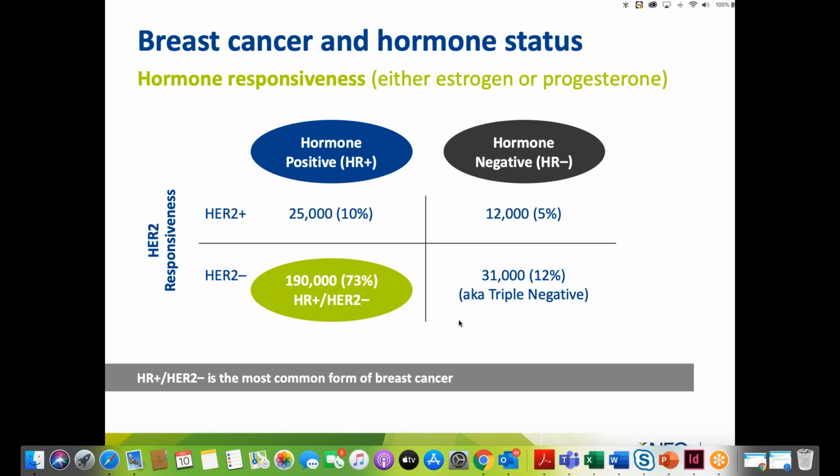Breast cancers that are hormone receptor positive and HER2 negative make up the largest proportion of breast cancer, almost 75% of cases. The next largest category are the triple negative ones, negative for hormone receptor or HER2, at about 30,000 cases. About 15% of cases are HER2 positive.